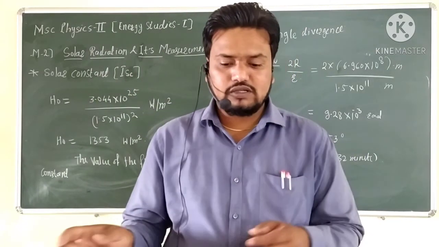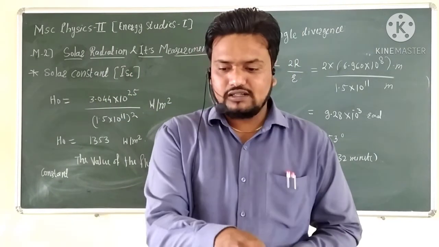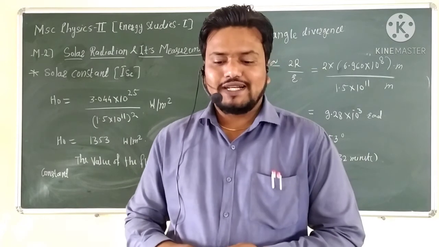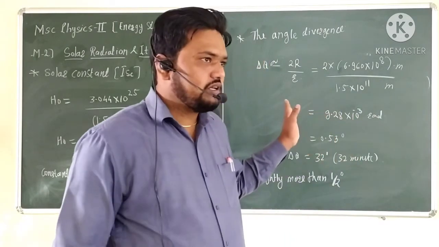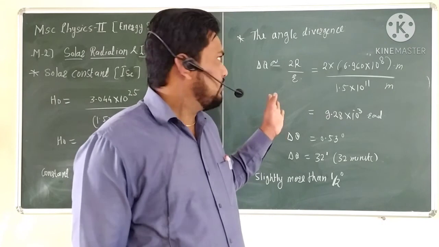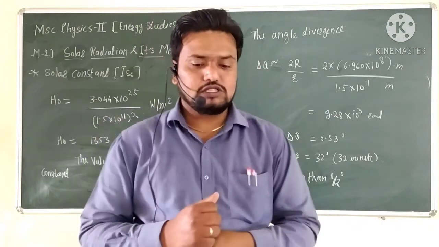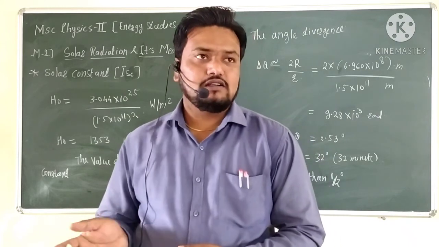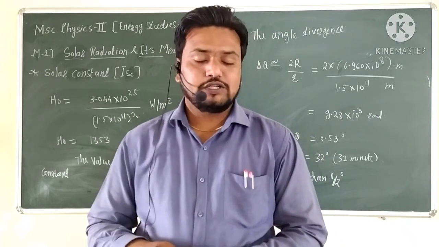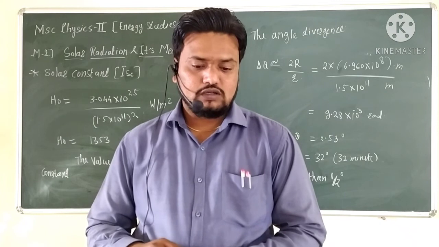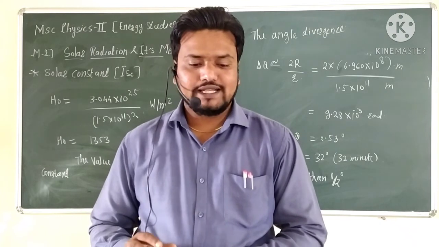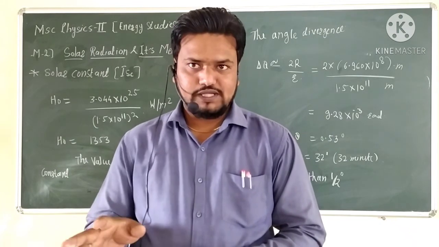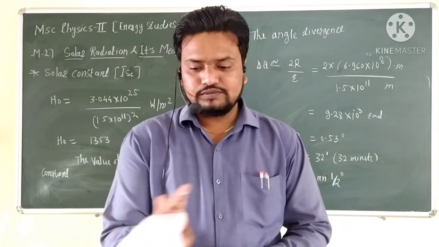Before that, the small concept here: the divergence angle, or angle of divergence, subtended by the sun at the earth surface is 32 minutes or 0.53 degree.